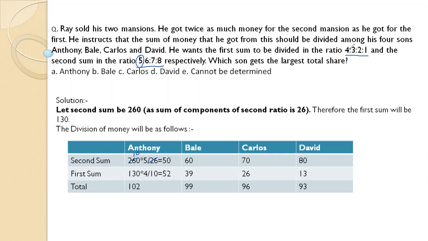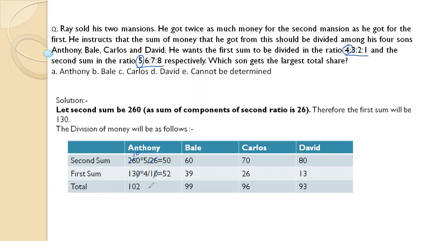For the first sum, whose total is 130, Anthony gets 4 parts out of 10. And 130 into 4 by 10 is 13 into 4, which is 52. Similarly, Bale will get 13 into 3, 39. Carlos will get 13 into 2. David will get 13 into 1.